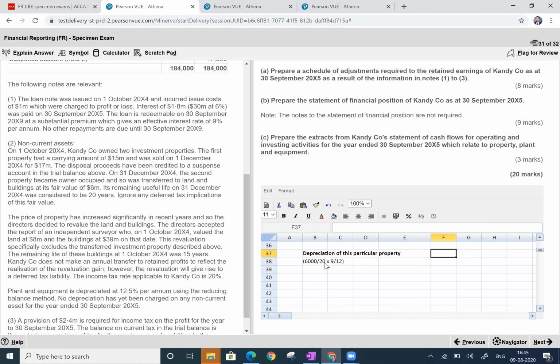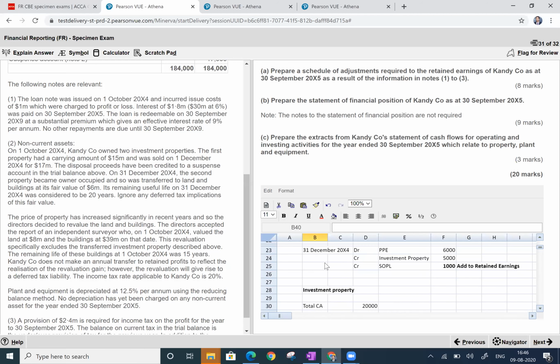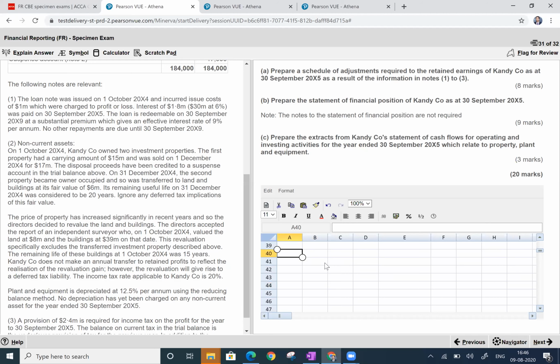So this is equal to 6,000 divided by 20 into 9 by 12, which is 225. Less retained earnings. We'll have a further discussion on this later. Okay, working note number 4. Now read it.